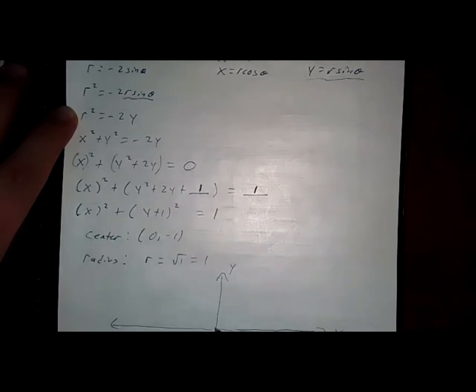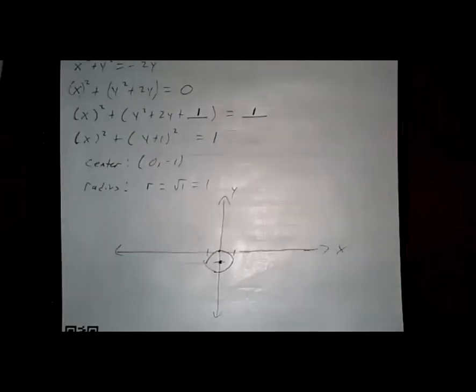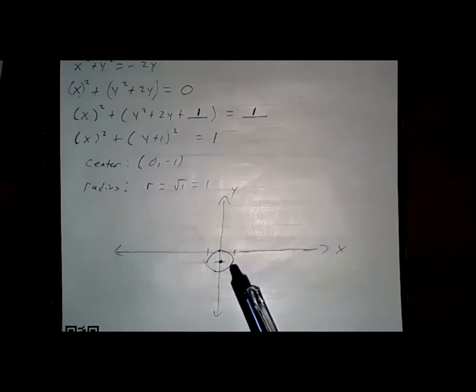I go out 1 in every direction. So my circle looks like this. So the identify part is just saying, yeah, this is a circle centered at 0, -1. And there's my graph.